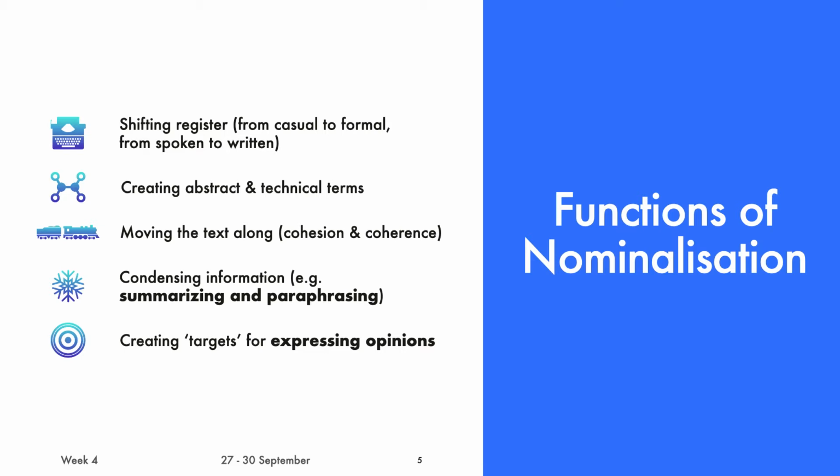Regarding the functions of nominalization in academic writing in particular, I can find 5. The first one would be shifting what we call the register, or you may call this style, like how you are shifting from casual to formal writing, or from more spoken-like expressions to written-like expressions.